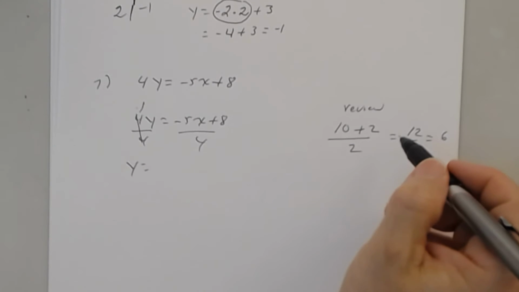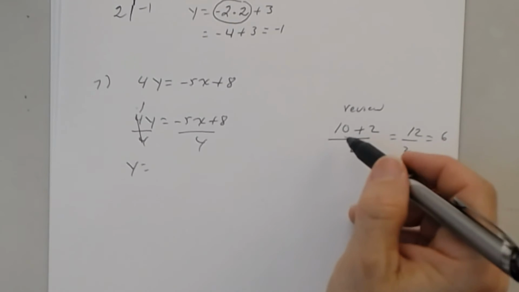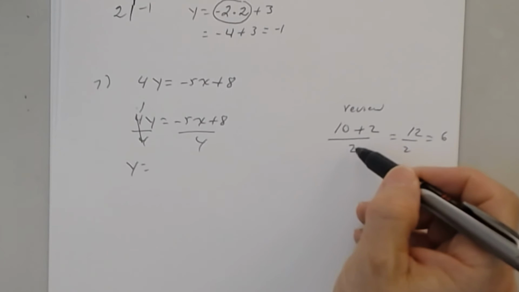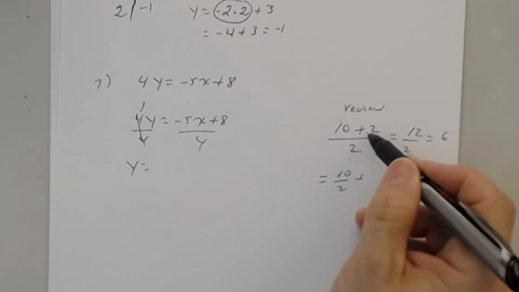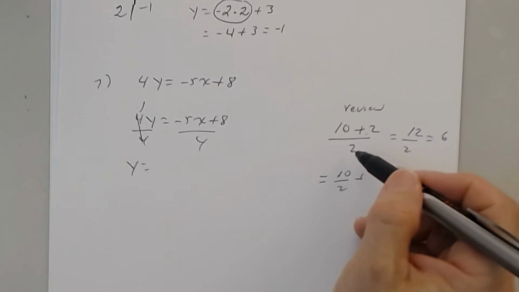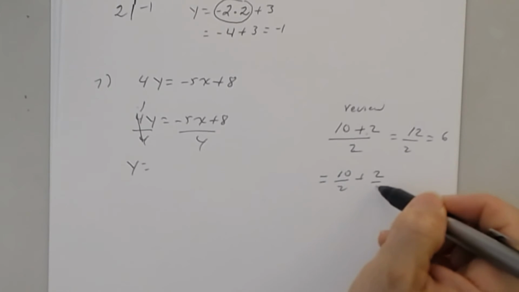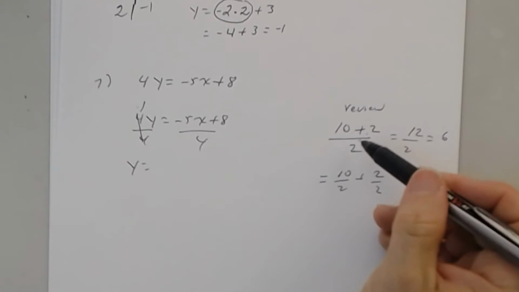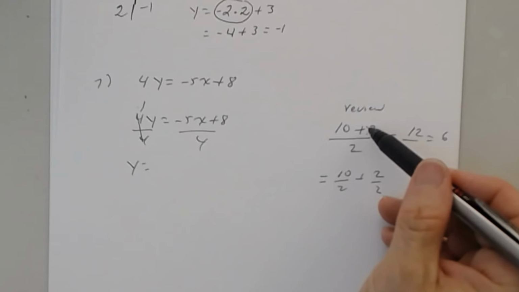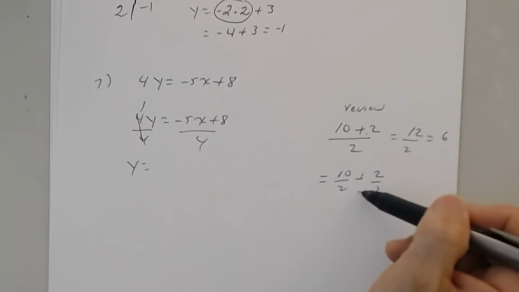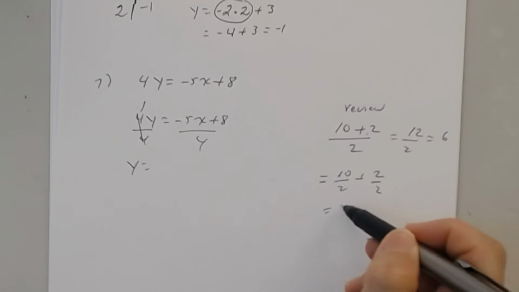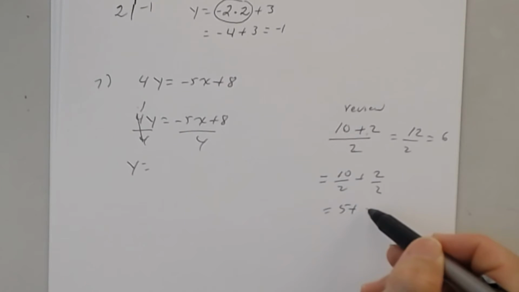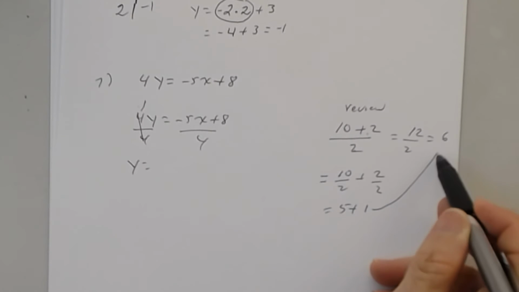But do y'all all agree that I can also write this as 10 divided by 2 plus 2 divided by 2? So basically what I did was I took every term that was in the numerator and I divided it by the denominator. And 10 divided by 2 is 5. 2 divided by 2 is 1, and I get 6.